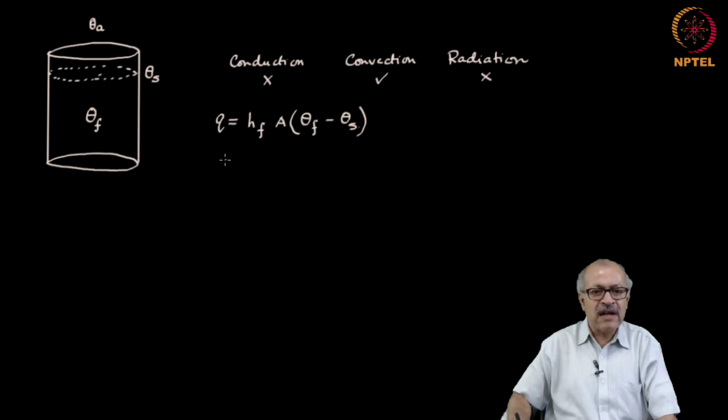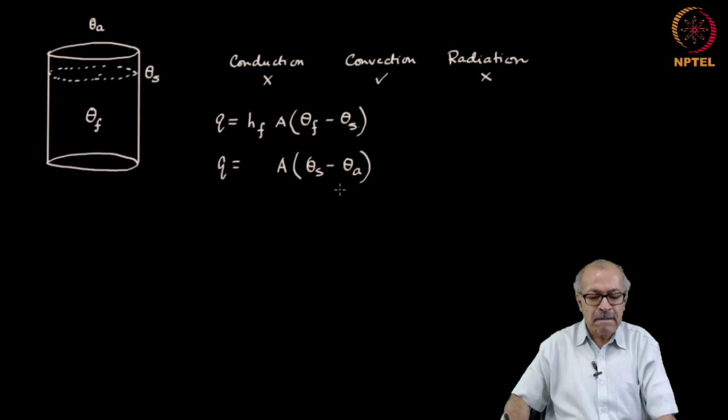So, its character should remain the same, but the same amount of heat goes. So, therefore, I have to write Q itself and it will again be dependent on the area. This time it is theta S minus theta A, and it will be a different heat transfer coefficient, let us call it H A.